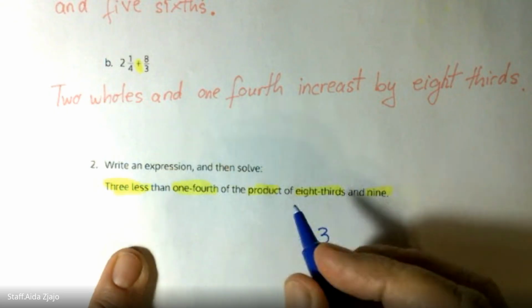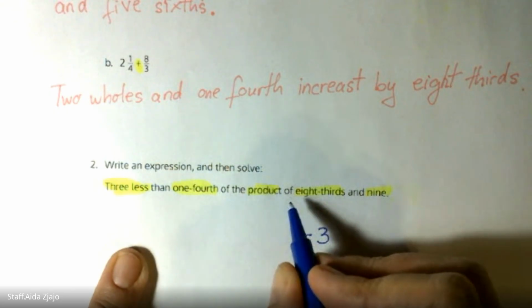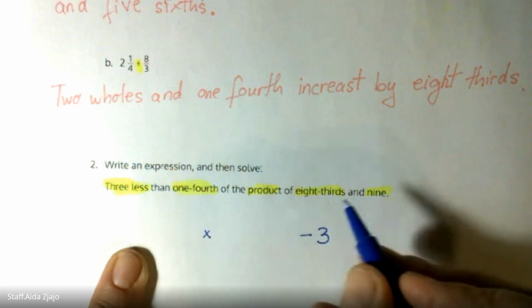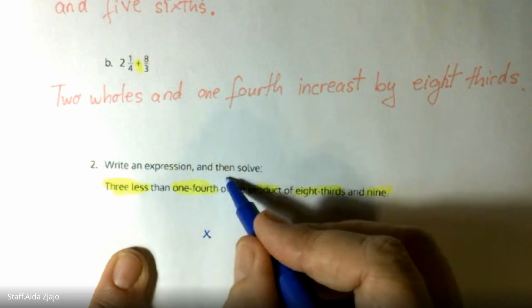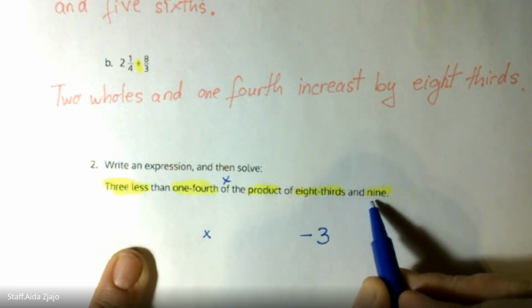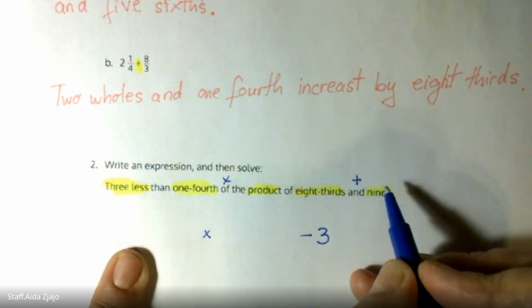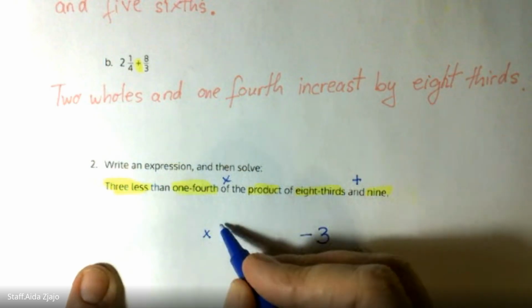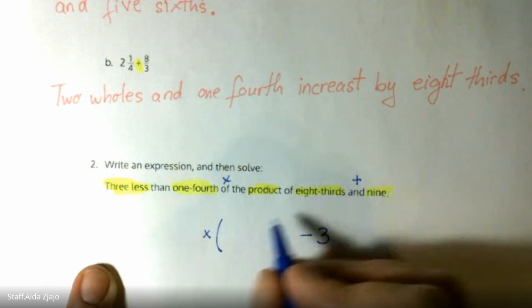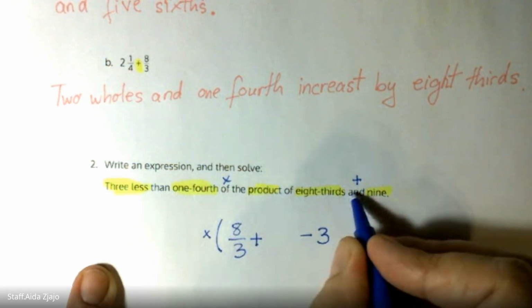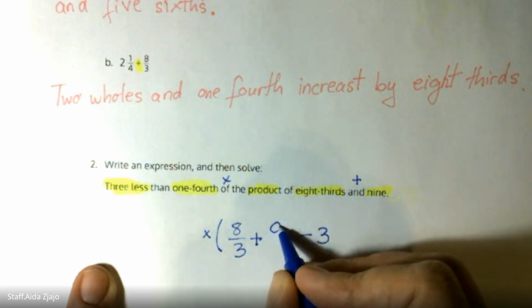When we have product of, that means it's going to include multiplication. Of means multiplication. And then 8/3 and 9, it has addition, and means plus. So product of 8/3 and 9.